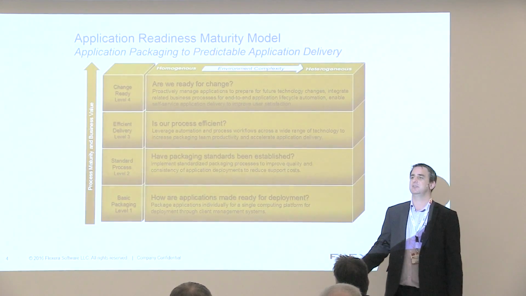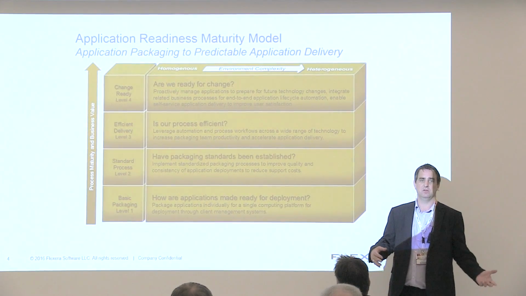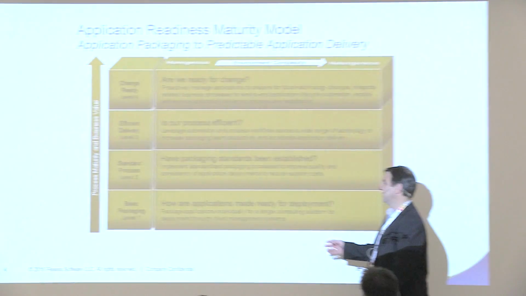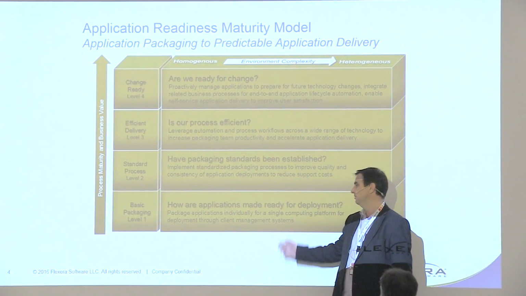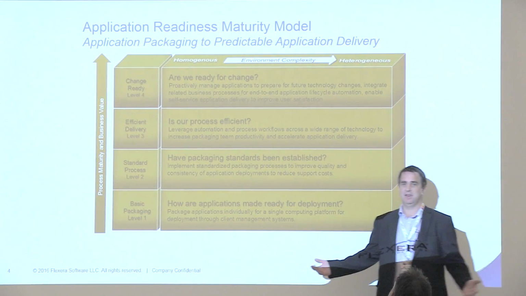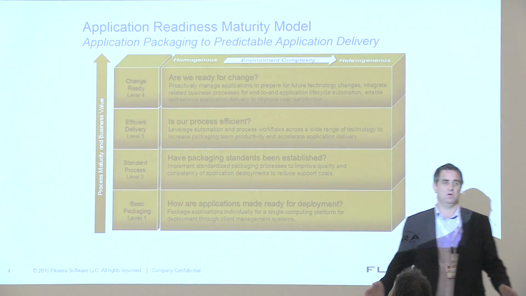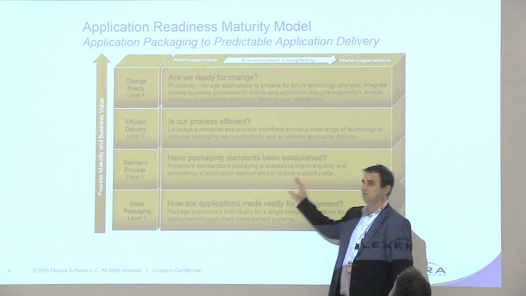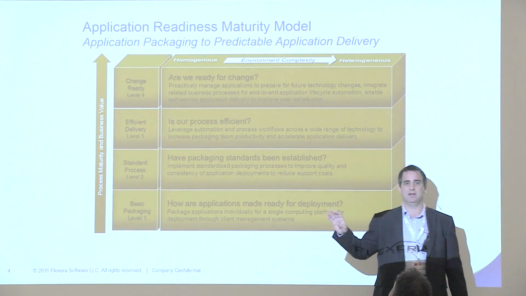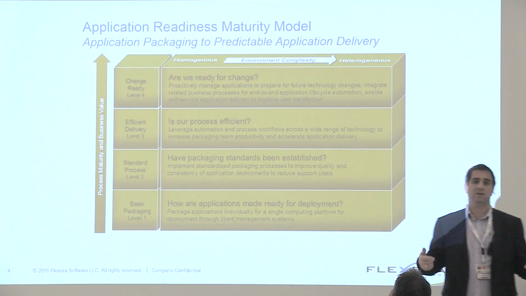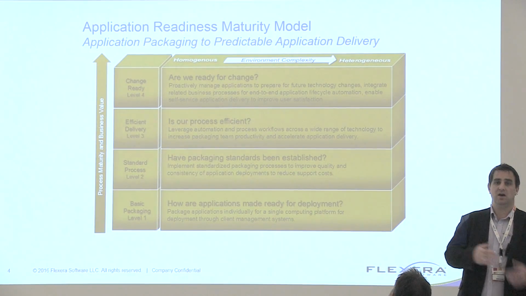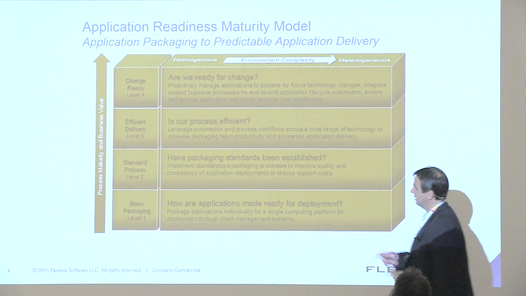This is around packaging an app using manual tools and getting that application ready for deployment, typically for a single computing platform, and typically through a client management system, such as SCCM. Level 2 is around having packaging standards in place, around having a repeatable process in place that enables you to ensure quality and consistency as you package those applications.